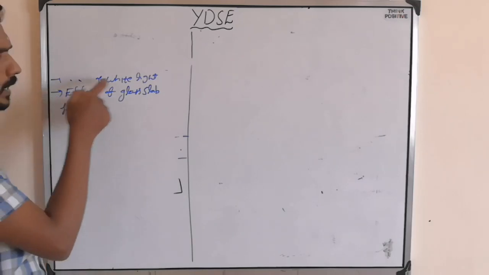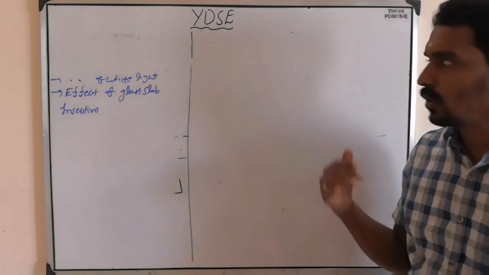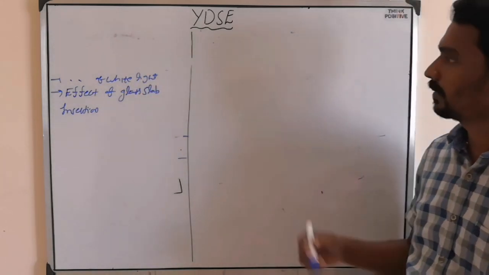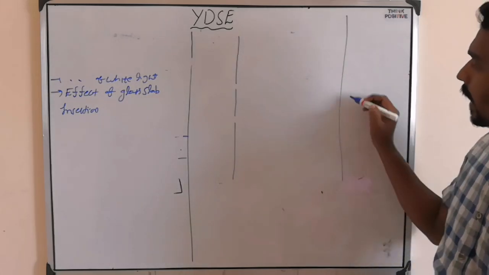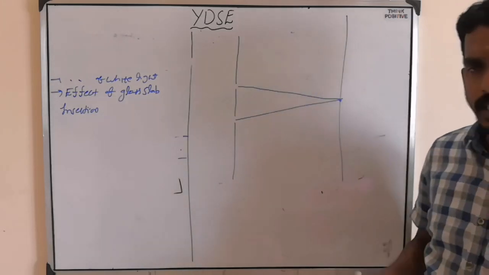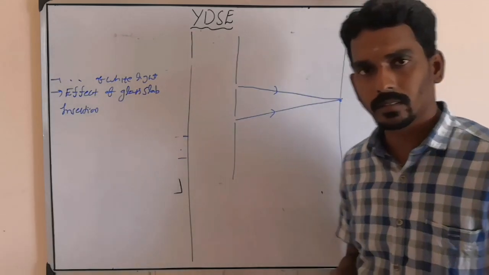Now, the effect of white light. Just before, we talked about only two wavelengths. But if we replace them with white light, at the center, white light means what? It is a mixture of seven different wavelengths.